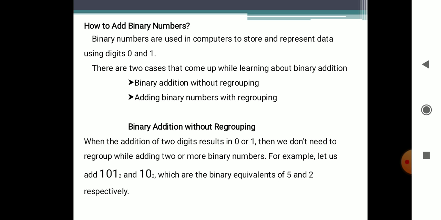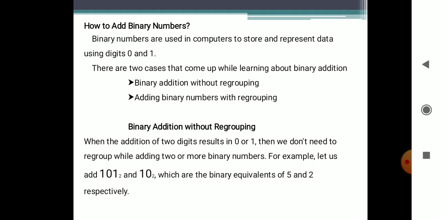Likewise, in binary addition, when we get a result that is greater than 1, we must make use of regrouping. Regrouping is not necessary if the result is not greater than 1, that is, when we get 0 or 1. When the result is greater than 1, we must make use of regrouping.